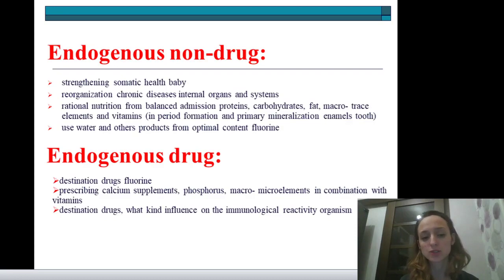What about endogenous drug prevention? It is the prescription of fluoride, calcium supplements, phosphorus, macro and micro elements in combination with some vitamins, and drugs that influence the immunological reactivity of the organism.